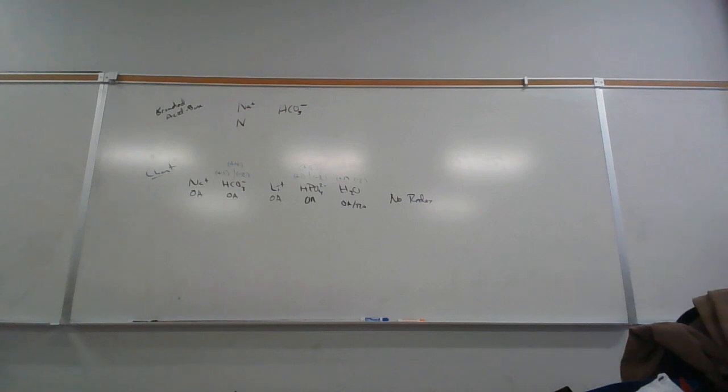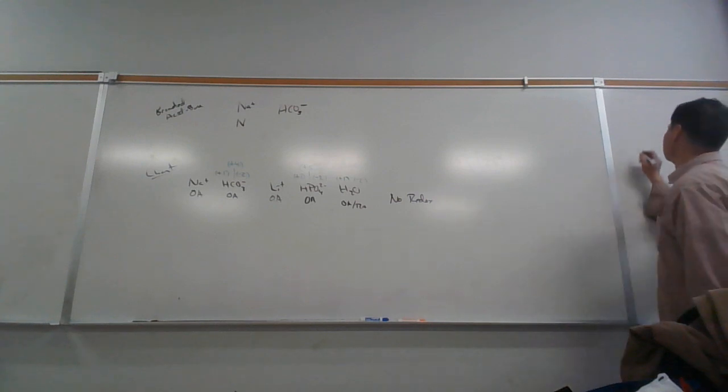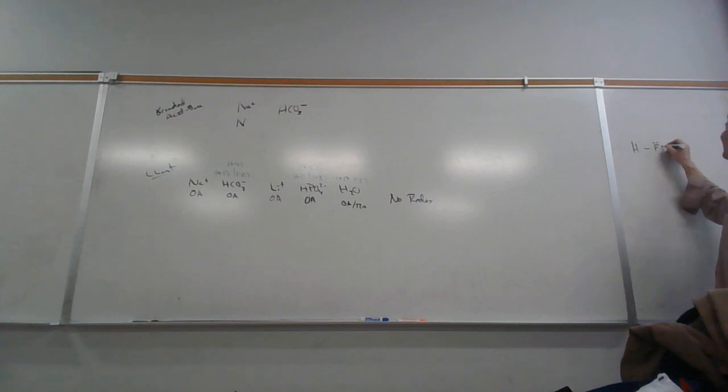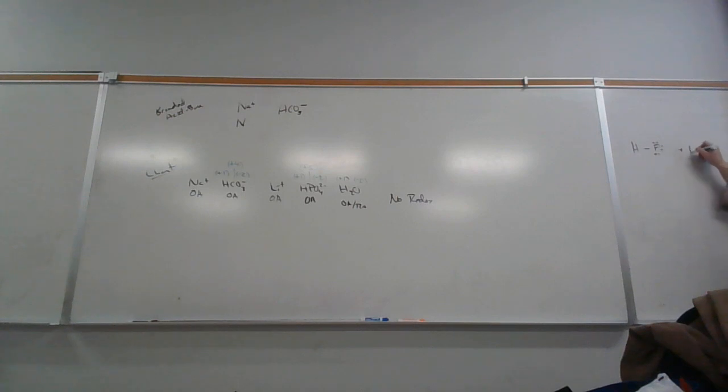No, it's because of the size of fluoride. Fluoride's very small. The reason is because it doesn't want to break free completely. Fluorine wants all the electrons. And so if we end up forming H plus and fluoride, let's draw this.